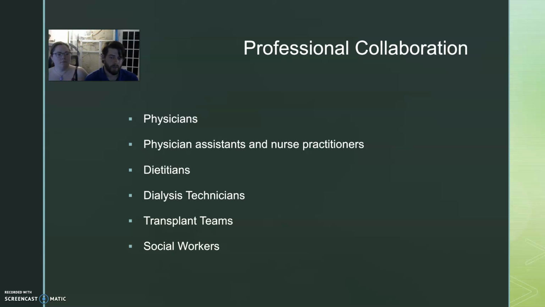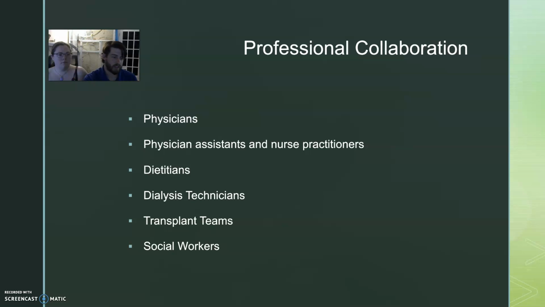Dietitians are an important part of managing care for a patient suffering from chronic kidney disease. Dialysis technicians are going to help operate the dialysis machines. Transplant teams: you're going to have people with kidney failure so bad they're going to need a transplant. You'll be working with them to help either organize or manage the donor list or advocating for your patient.